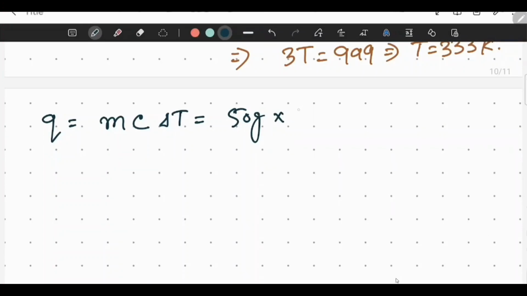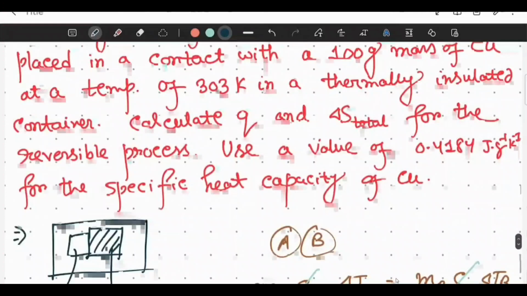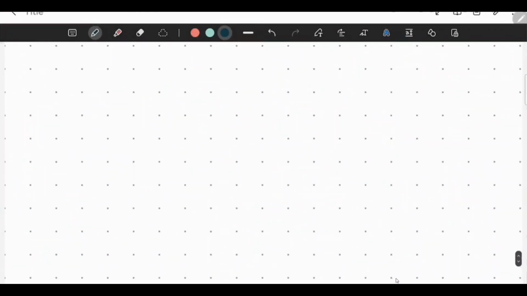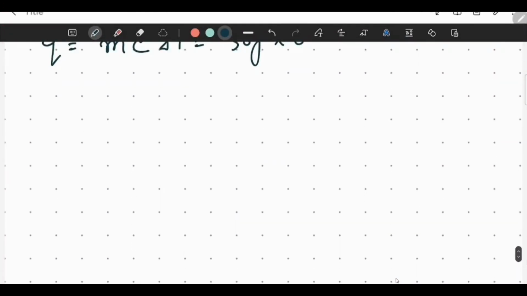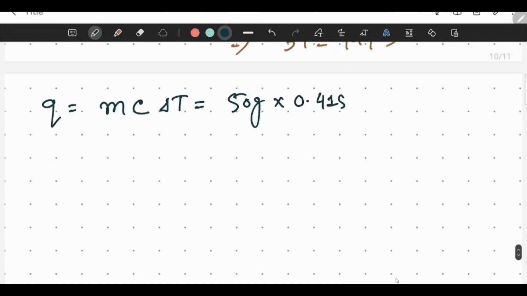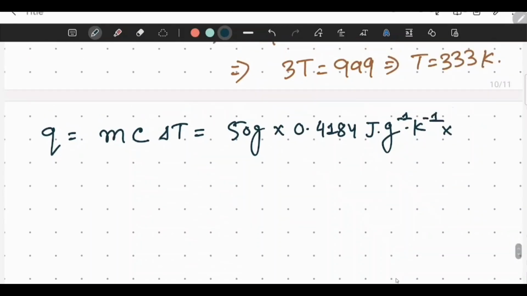M is 50 gram. C is 0.4184 joule gram inverse Kelvin inverse, that is given in the question, into del T. What is del T?